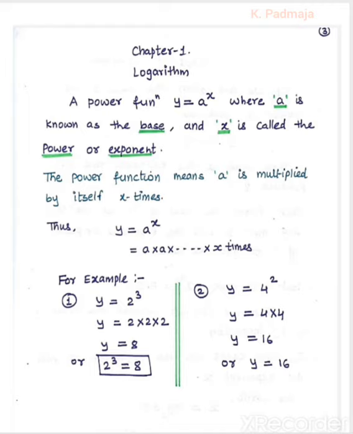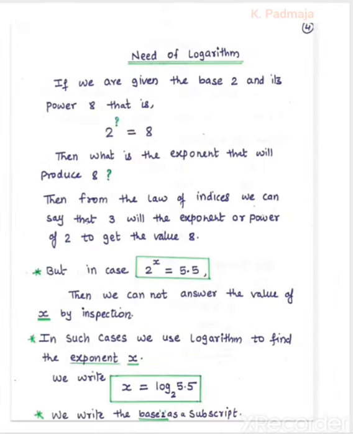So why am I telling you the power function here? Because before starting logarithm we have to know what the power function is, meaning the powers of any base, like 2 raised to 3, 2 raised to 4 or 4 raised to 2. Now why do we need logarithm?